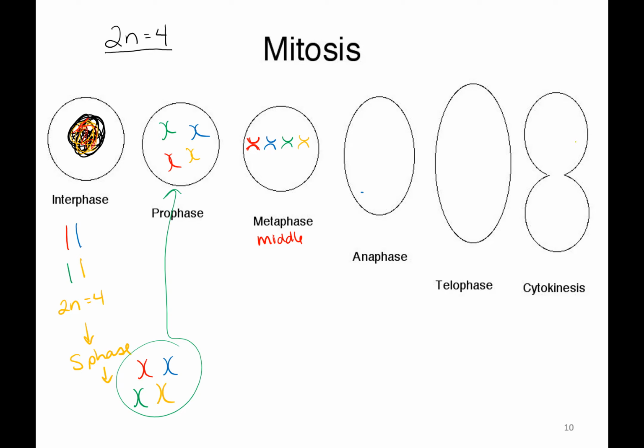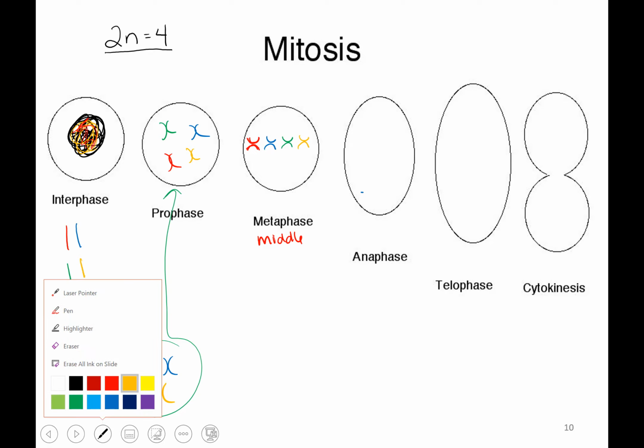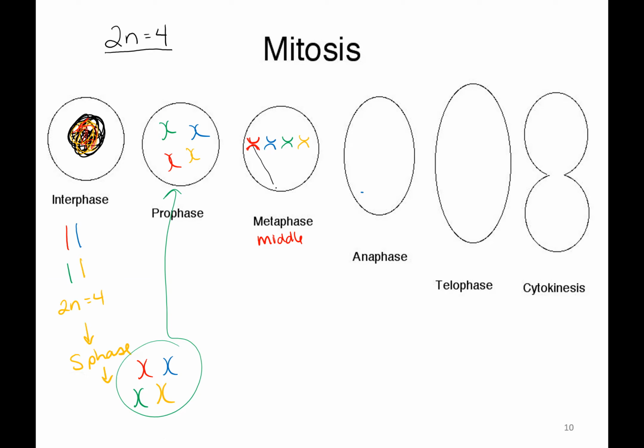This is why I'm lining them up this way. Okay, let's also draw our spindle fibers. So here is our centrosome, that area that these spindle fibers have come from, and there's one on this pole or opposite end of the cell as well.